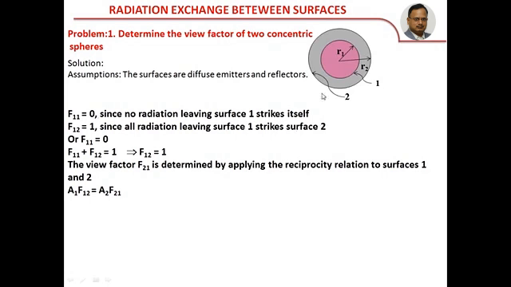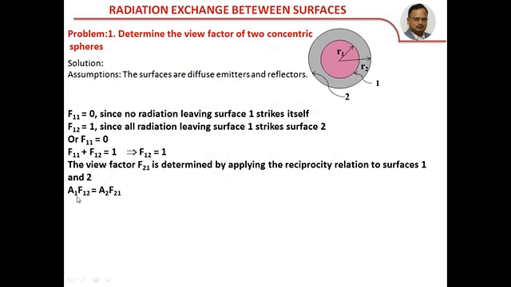It is a convex surface. So therefore the total energy leaving with F1 to 1 is 0, hence F1 to 2 should be equal to 1.